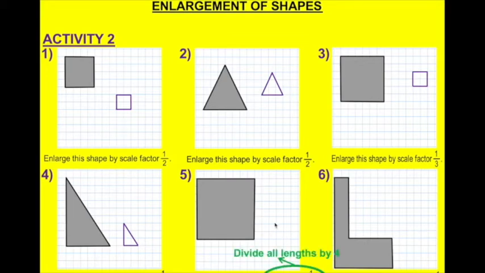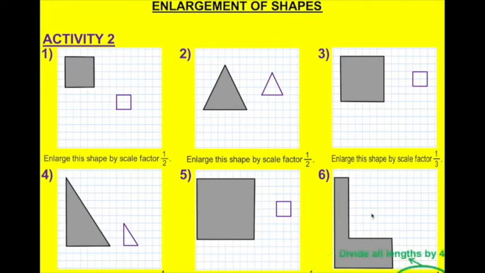That means divide all lengths by 4, right? There you go, that's the image of the object. And the last one, same instruction. It says enlarge the given shape by a scale factor of 1/4. So divide all lengths by 4.